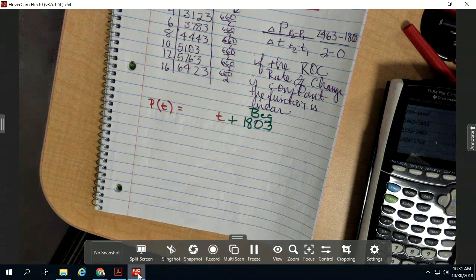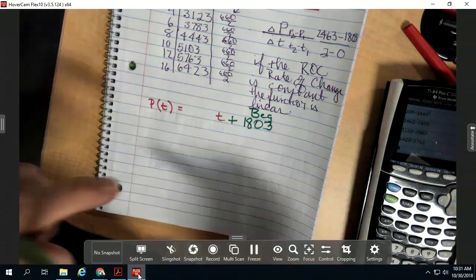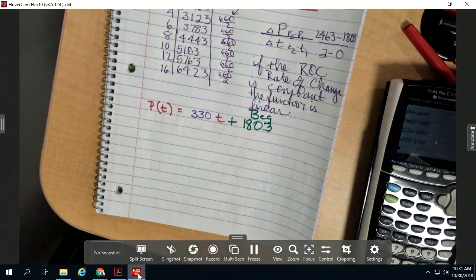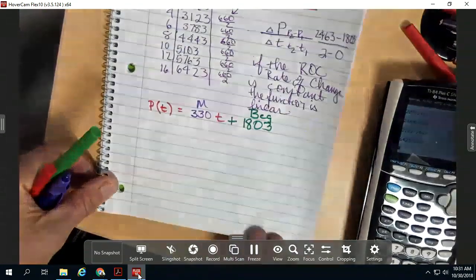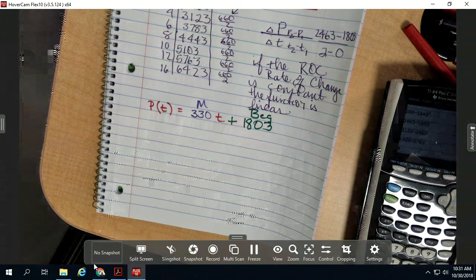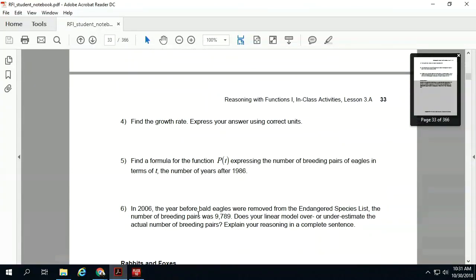How many pairs did it increase each year? 330. So this is the letter M for slope or rate of change, and the B just stands for beginning value. So we should be able to figure out how many breeding pairs there are at any time, because all we'll do is multiply the number of years by 330 and then add 1803. So let's look at the problem here.